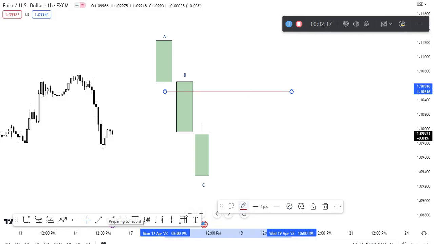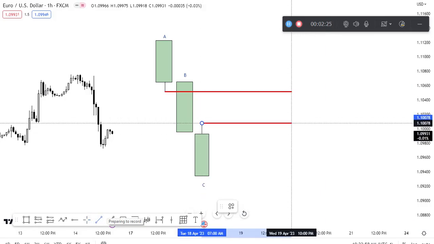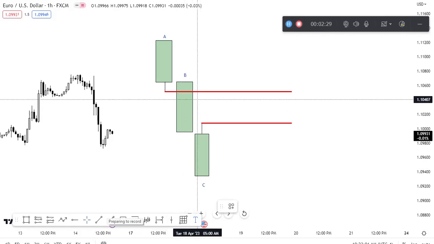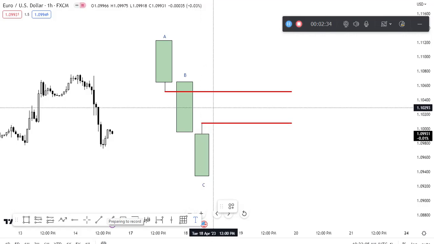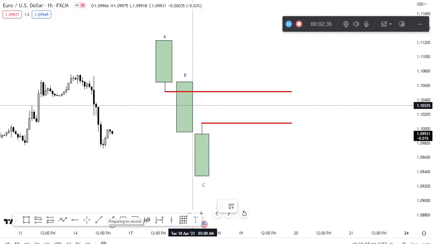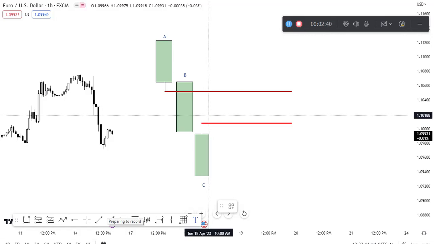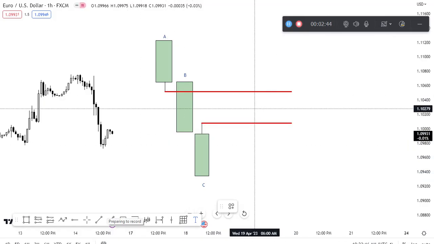Make it like this. So this zone in which price has not wicked, or is regarded as unfilled, is a key area in which price tends to revisit to rebalance, indicating a potential continuation. In other words, if price was bearish like this, let me just sketch it out first.